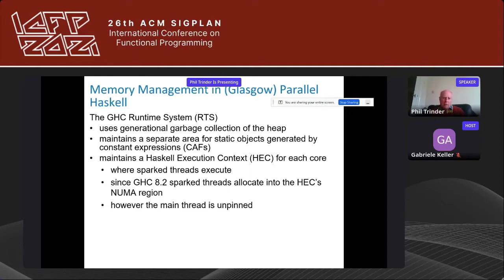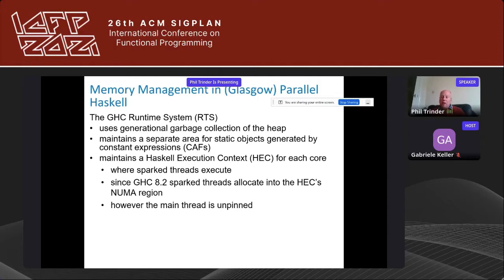The runtime system maintains a separate area for static objects that are generated by constant expressions, so-called CAFs, constant applicative forms. And the runtime system has something called a Haskell execution context, or HEC, for each core.